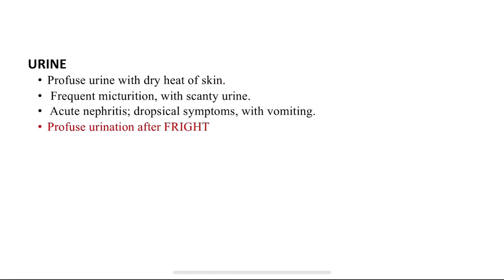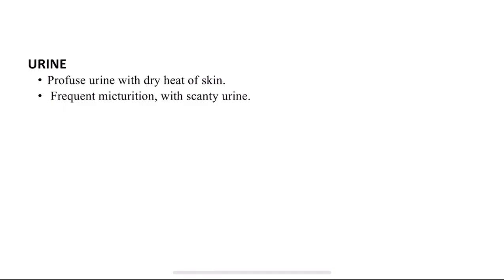There is frequent micturition with a scanty urine, acute nephritis. So the patient has frequent micturition with a scanty urine. The micturition is very frequent, but the quantity of the urine passed is very scanty. Acute nephritis, dropsical symptoms.